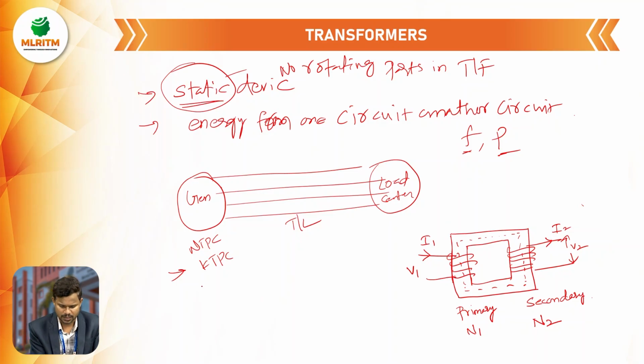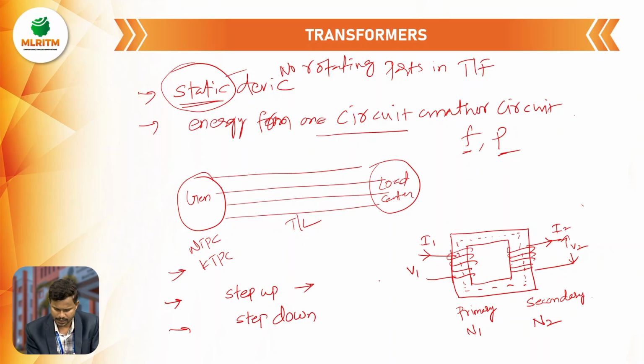A transformer transfers energy from one circuit to another circuit. It may step up the voltage or step down the voltage. A transformer may step up or step down the voltage levels. When the primary number of turns N1 is less than N2, that is, there are fewer turns in the primary than in the secondary, with more turns in the secondary, it is called a step up transformer.